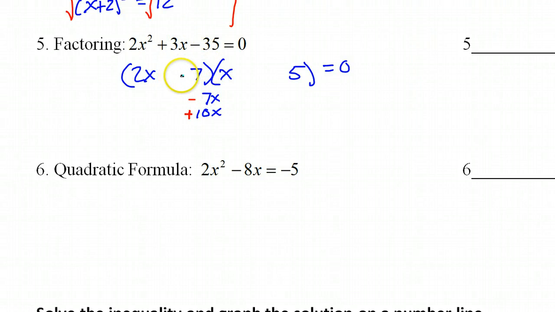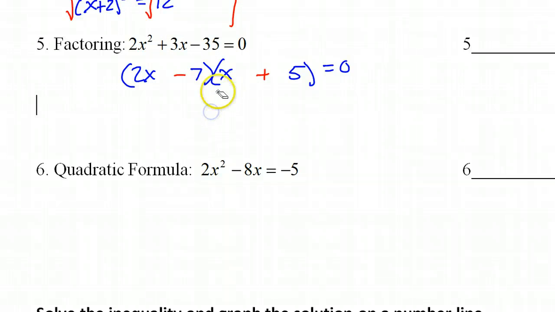So that means negative 7 is right there, and the positive 10 would come from this being positive because we're talking outer. One last thing I have to check. Does negative 7 times positive 5 give me negative 35? Yes, negative times a positive is negative. So there I've factored it.